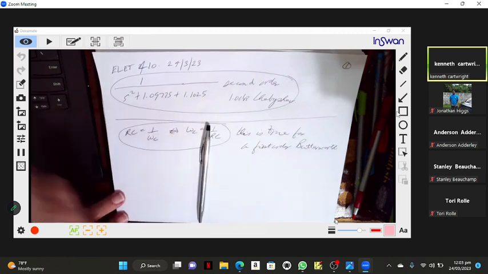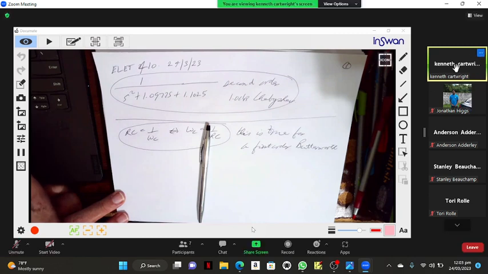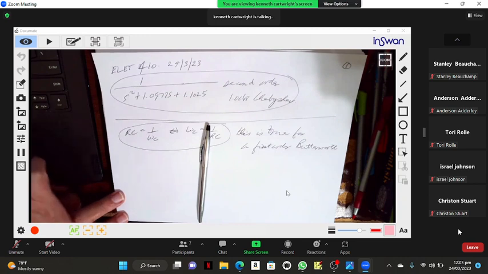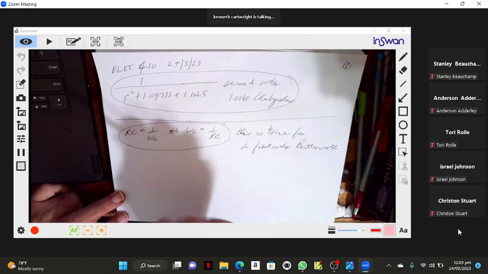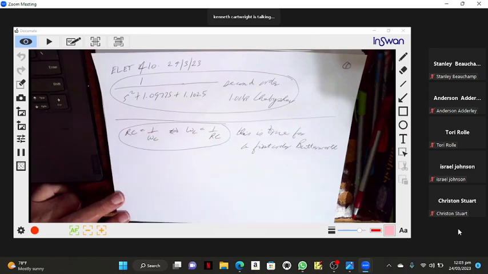First order Chebyshev, let's get that. First order Chebyshev, 1 dB ripple.